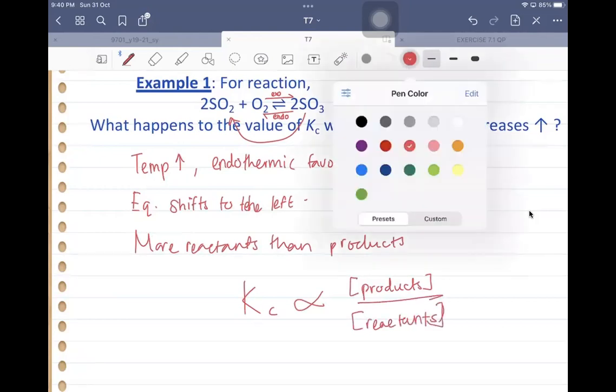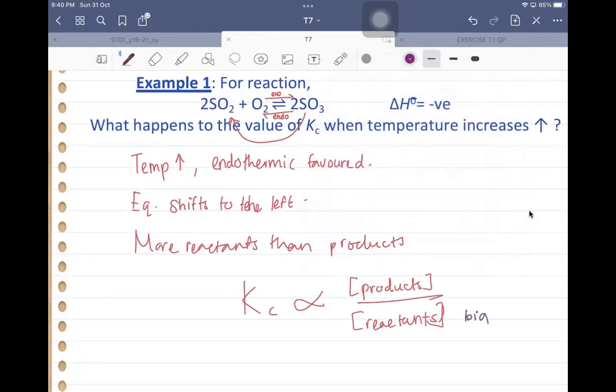If your reactants is big at the bottom, and the top stays the same, or we say small, then of course your Kc will decrease. All right, that's how you see it, because we now have big reactants. So the bottom number is bigger. That means Kc must be smaller. Okay, that's how your thought process should be.